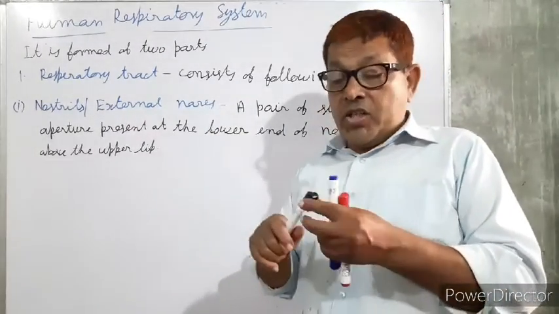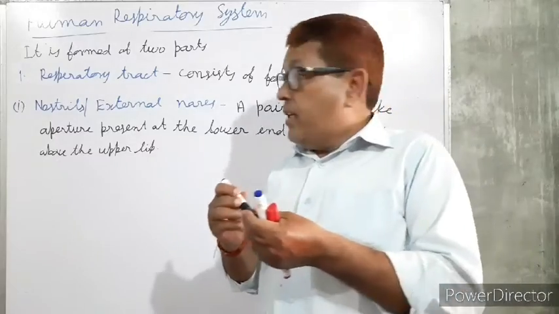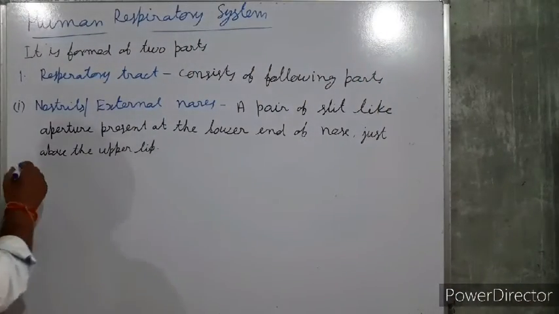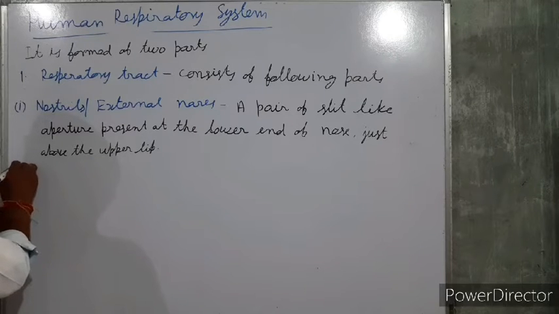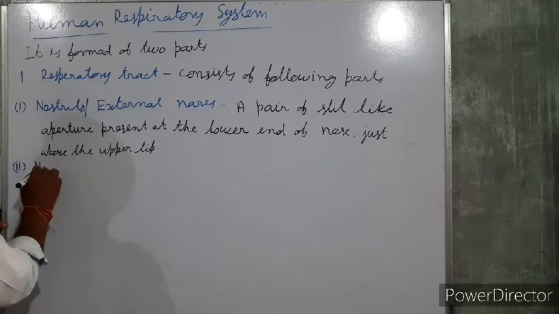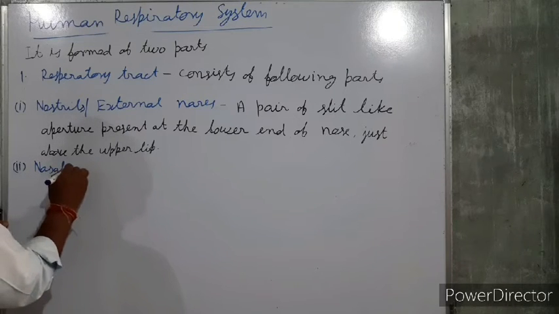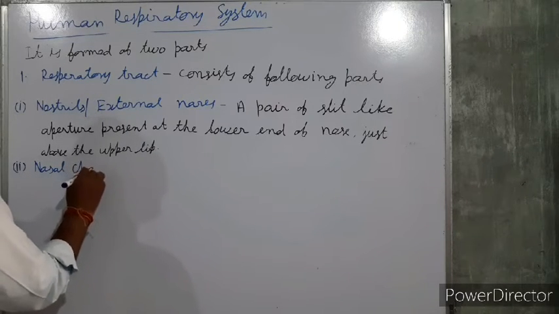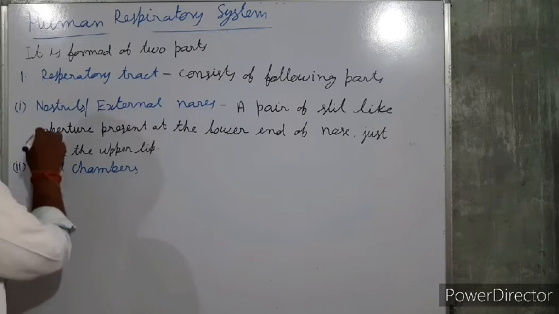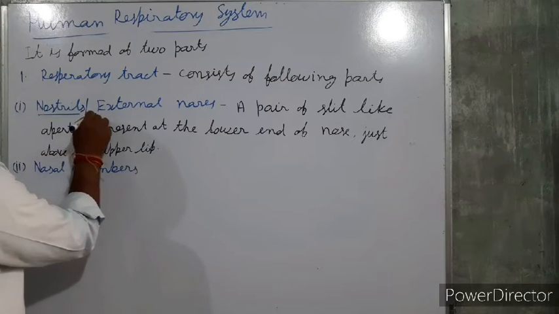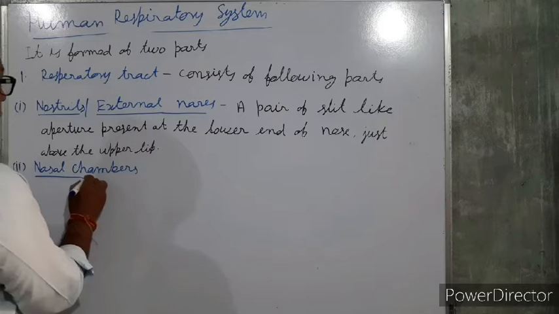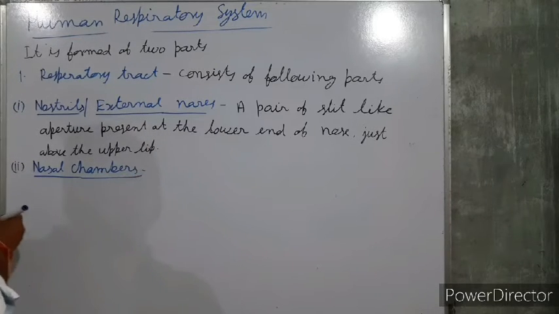After the nostrils, the next part is the nasal chambers. The second part: first is the nostrils or external nares, and the second one is the nasal chambers.